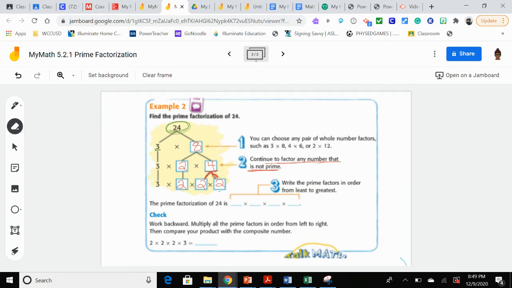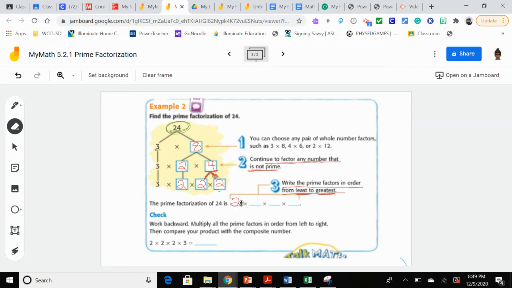Now I have to set it up. Now this is kind of important. I don't know if I addressed it the last time. When you write your prime factors, you write them in order from least to greatest. So from smallest number to largest number. So I'm going to go back and look at mine, and I see that I've got quite a few 2s. So I'm going to write those first. So I've got 2 and quite a few.